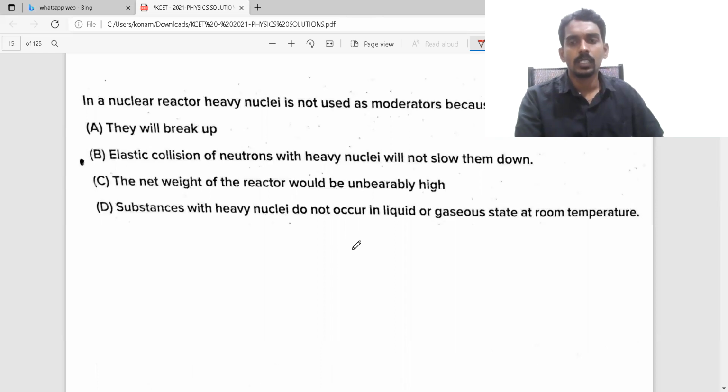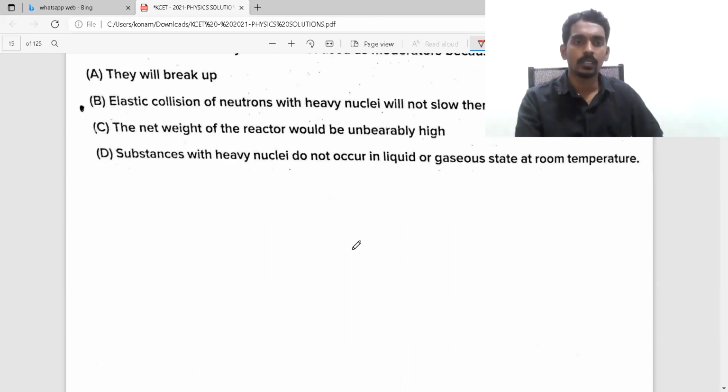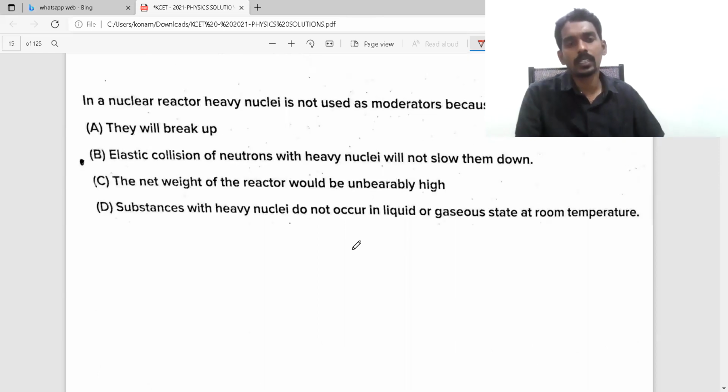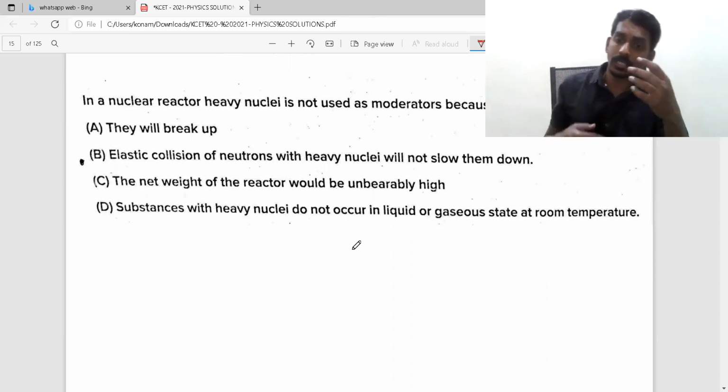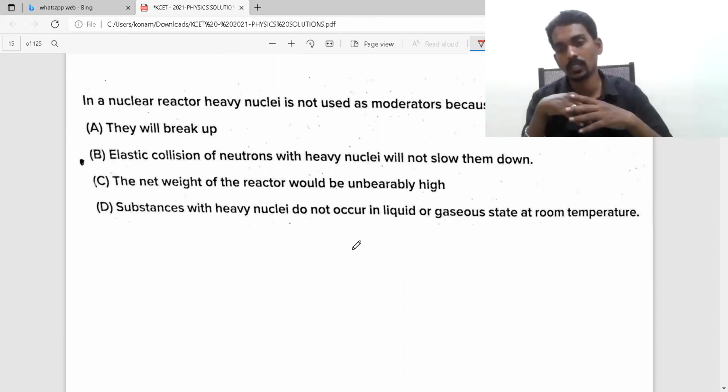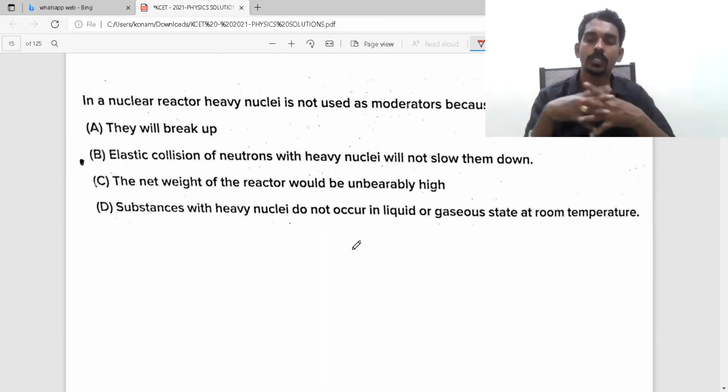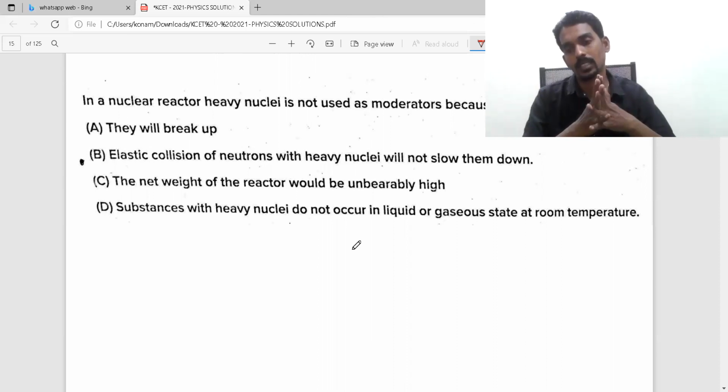Now, in a nuclear reactor, a nuclear reactor means a device in which fission takes place. When one fission takes place, three fast moving, more energetic neutrons are emitted, and they go and hit another uranium nucleus, so that one more fission reaction takes place, and it goes on continuously.